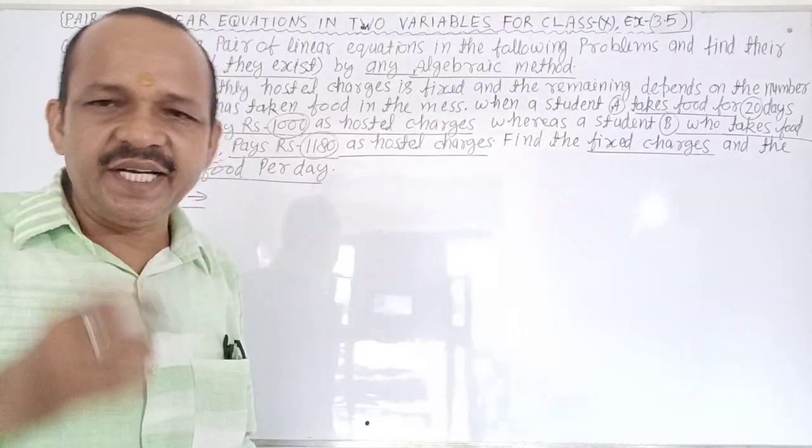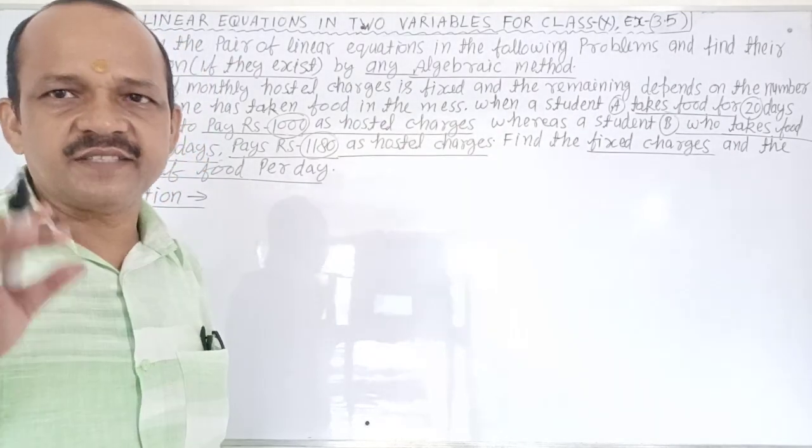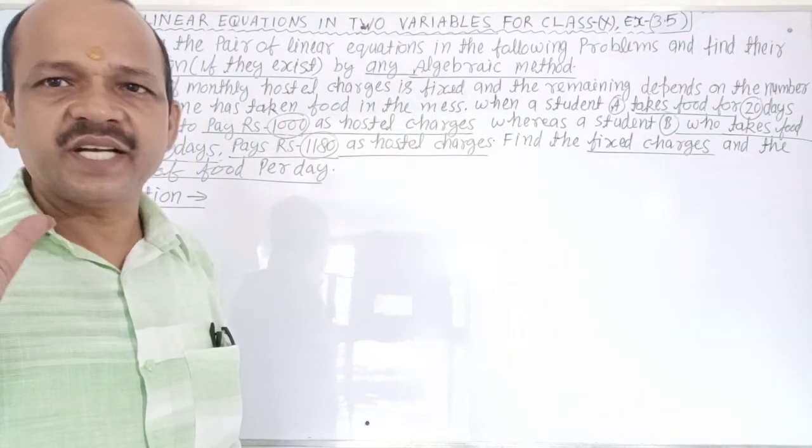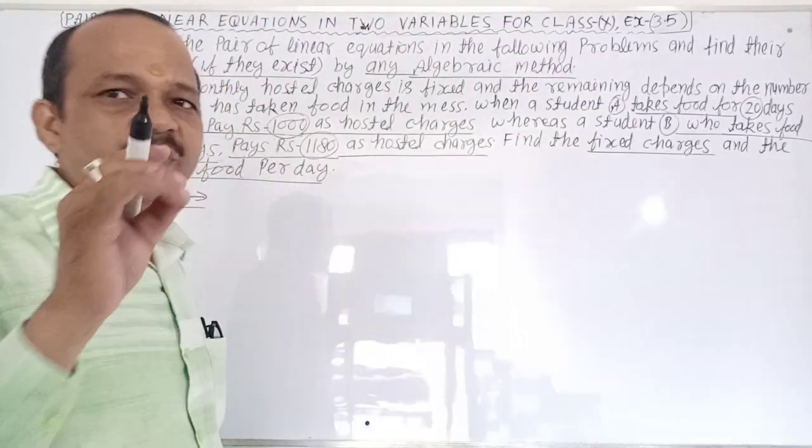It means you find the fixed charge and additional charge for food. Clear? No confusion about it? Very good. It is very easy.